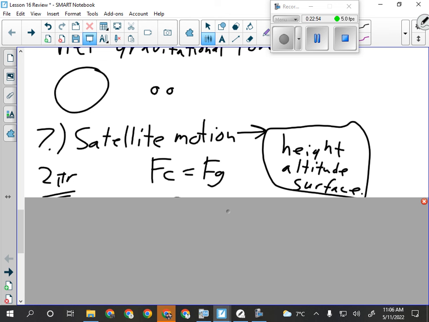When we're doing that, if we're dealing with a planet orbiting the sun, what are some things we need to be aware of that we might get and have to convert? Kilometers to meters, or even astronomical units to meters. I actually forgot to go over this that day, but an astronomical unit is the exact distance between the center of the sun and the center of the earth, which is on your formula sheet.